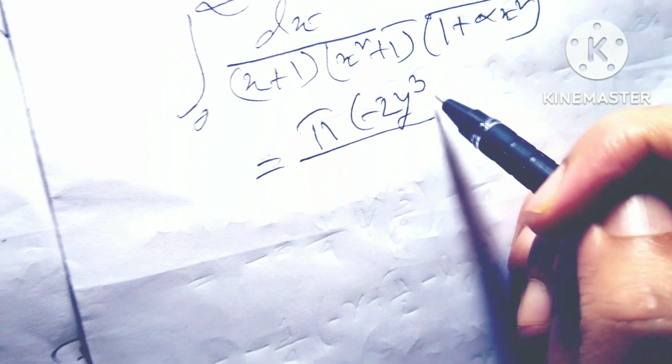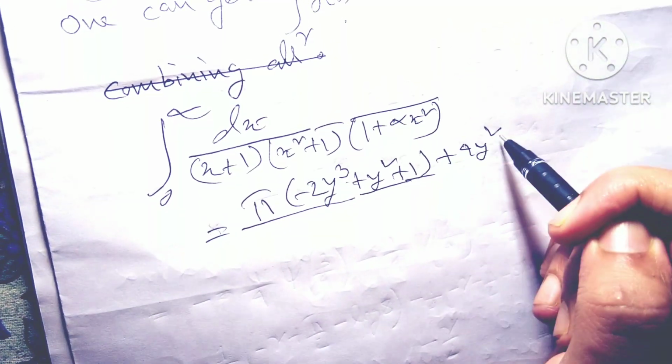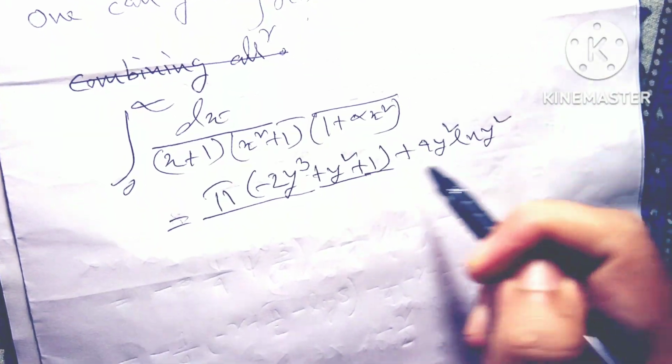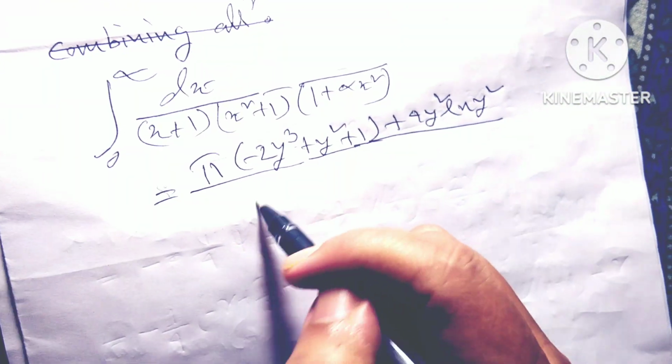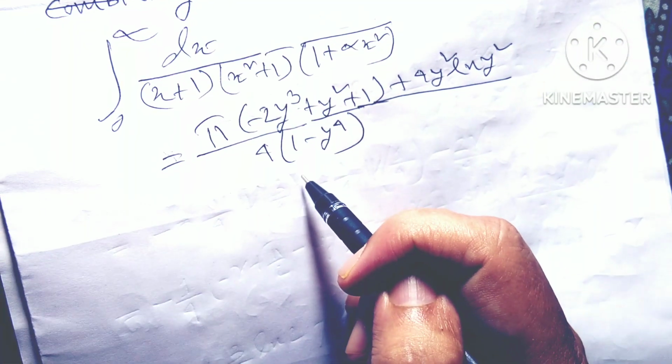minus 2 y cube plus y square plus 1 and plus 4 y square ln y square, over 1 minus y to the power 4.